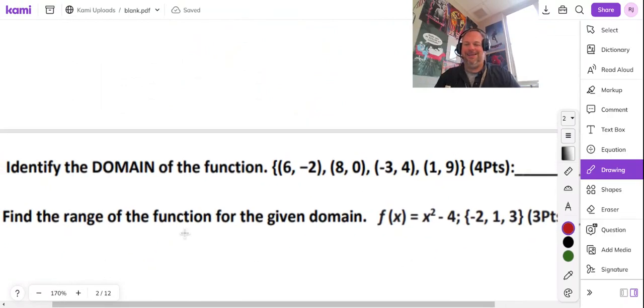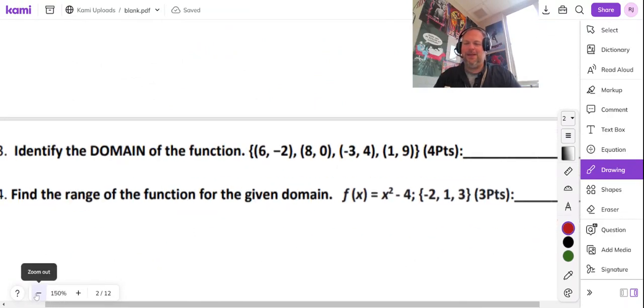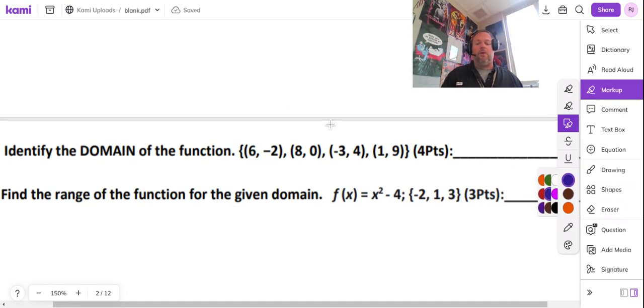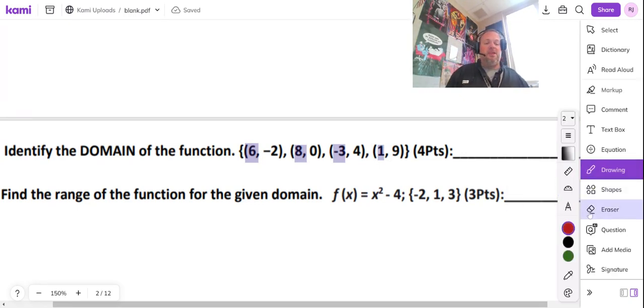Remember. All right. Domain. The domain, that is the X values. It doesn't matter the order. You could write it like this: 6, 8, -3, 1.